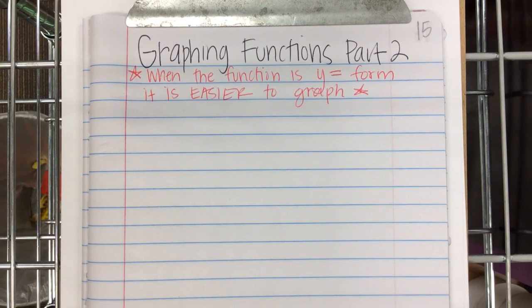So you may have to change the equation to be in y equals form, or it may just already give you the equation in y equals form. It kind of depends.